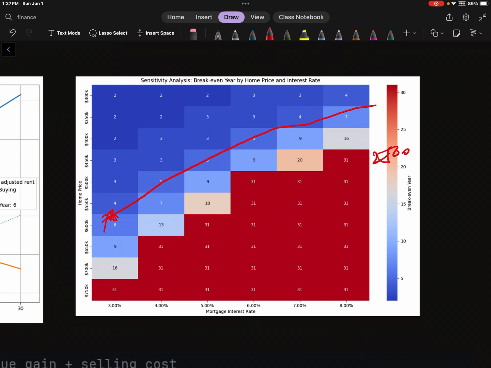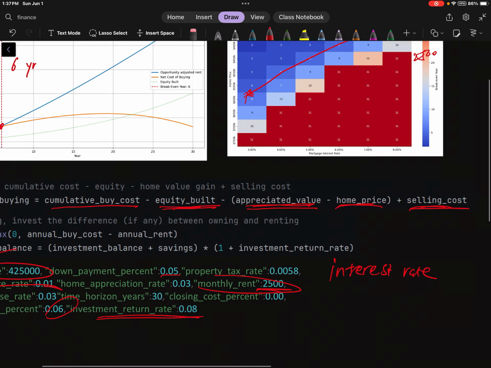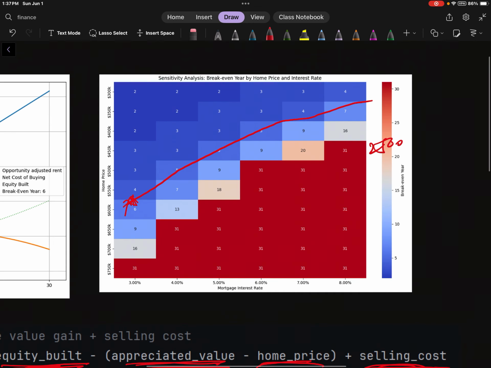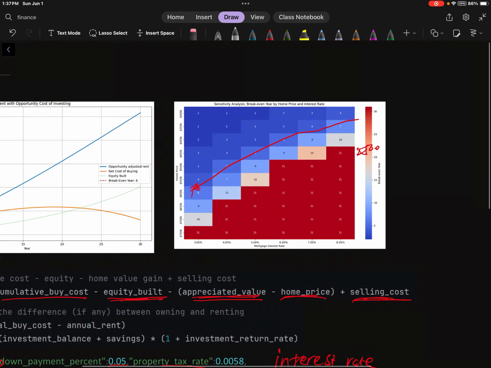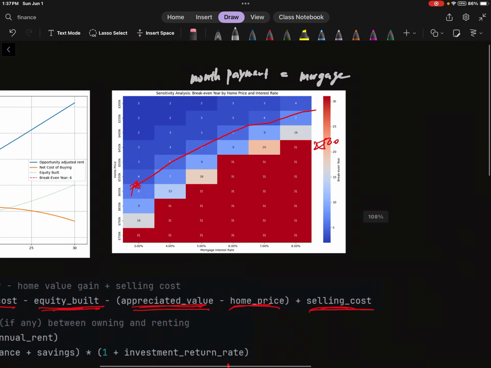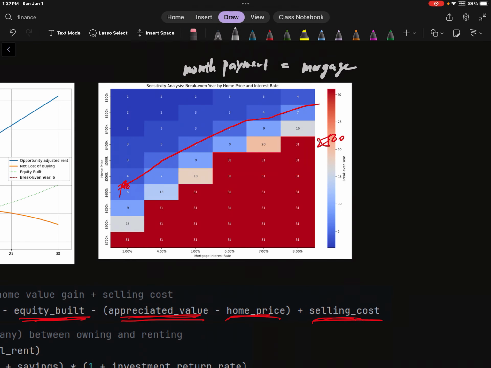So as you can see, there's a clear line, effectively where the monthly payment roughly equals the rent. But there's a lot of nuance in my calculation, so it's not completely linear.